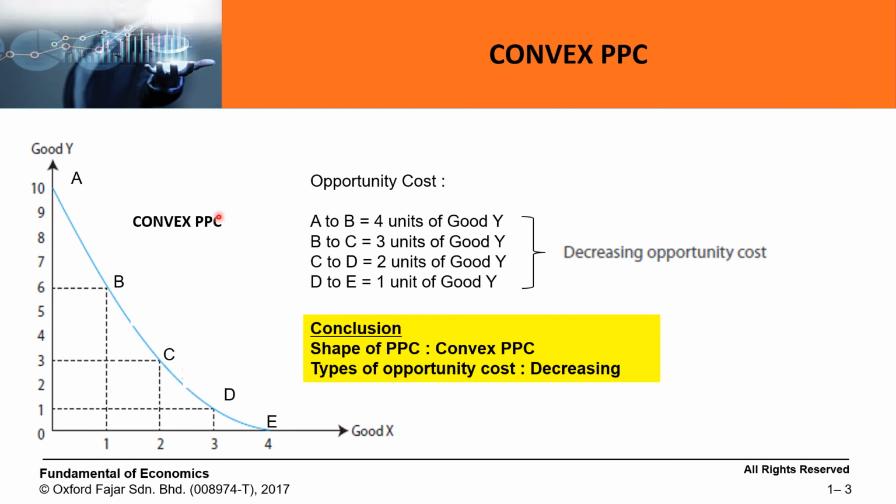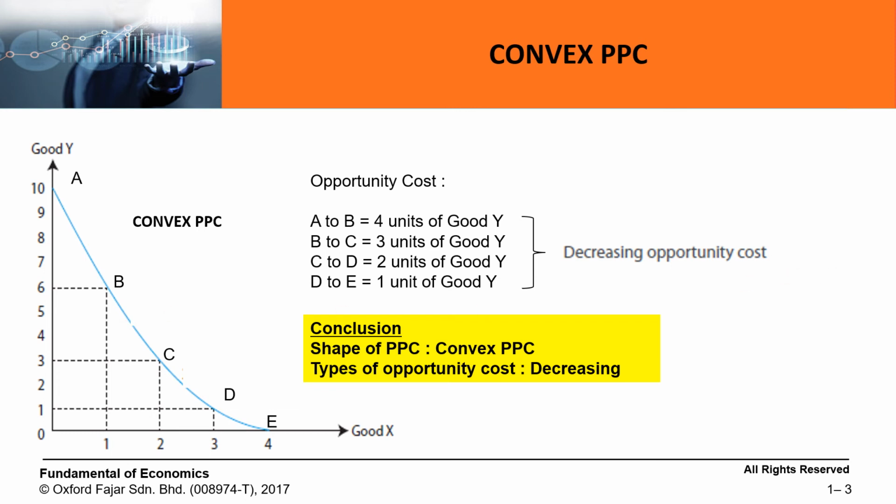Sebab bila dia convex PPC, opportunity cost itu mesti decreasing. And when you calculate your opportunity cost is decreasing, your PPC graph must be a shape of convex.